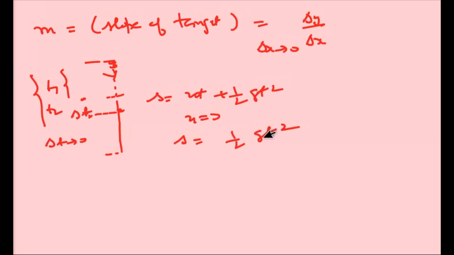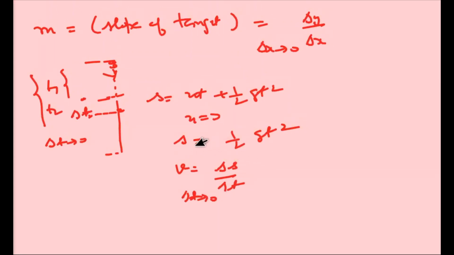Under these conditions, if we take time from here to here and it is decreasing, then we can find the rate of the velocity. We will find the velocity as delta s upon delta t, as delta t tends towards 0.